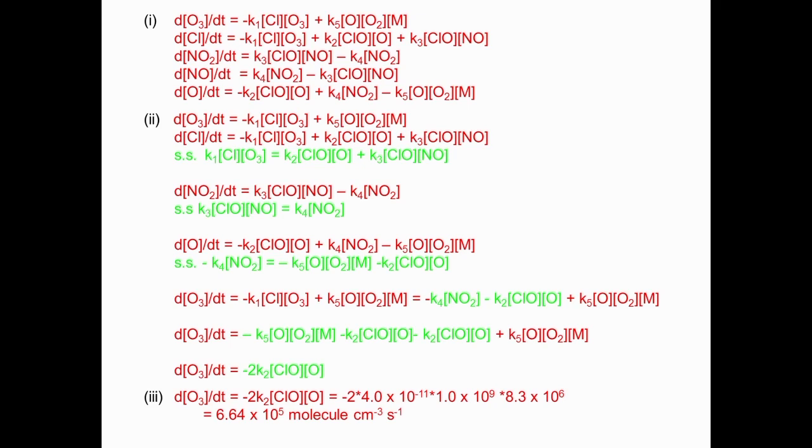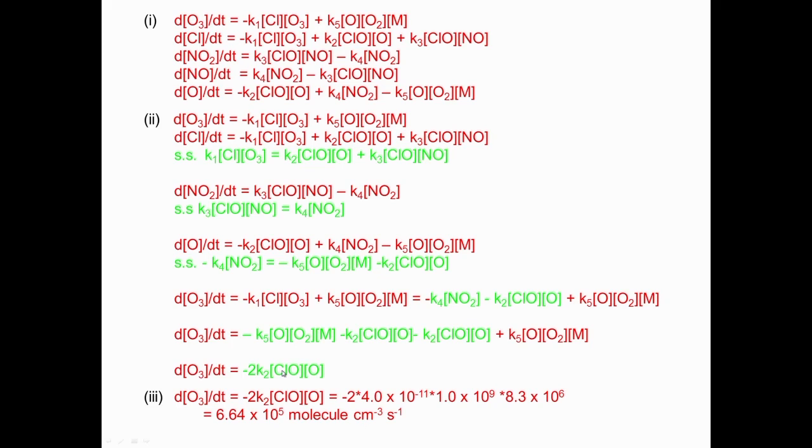And it says that d-ozone by dt is just dependent upon the ClO concentrations and the O concentration. So it's not dependent upon any other concentrations, which allows you to do the calculation.